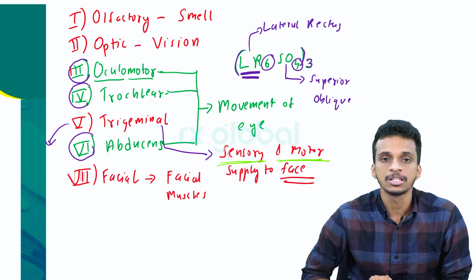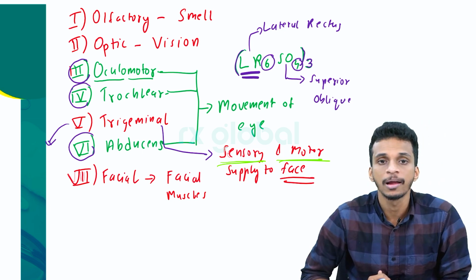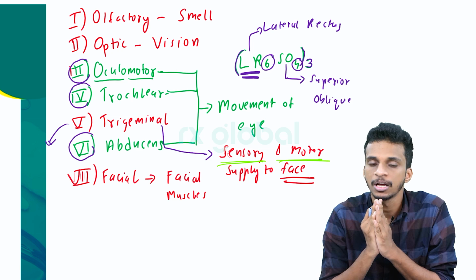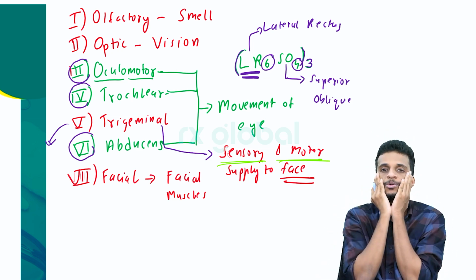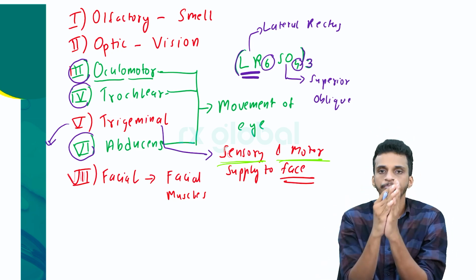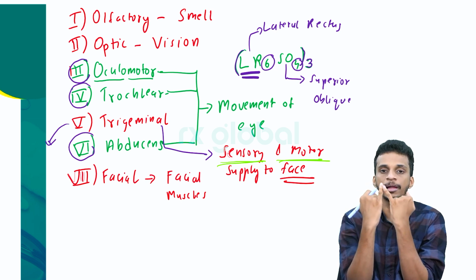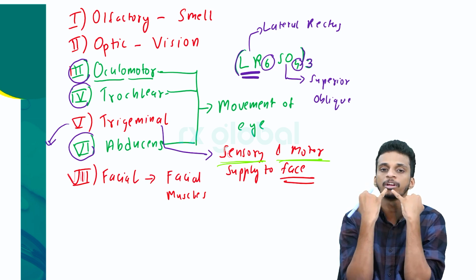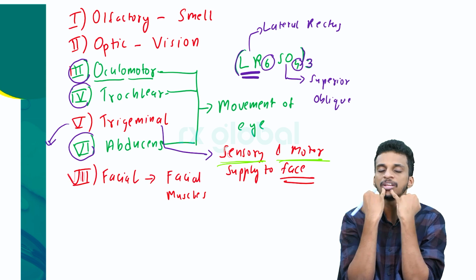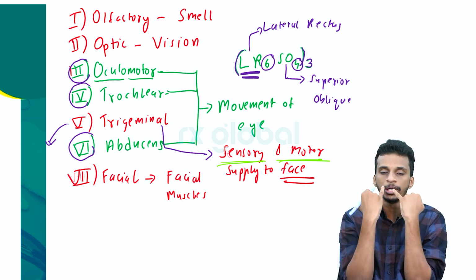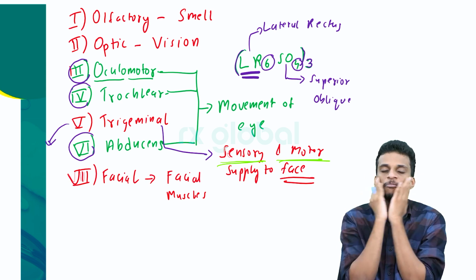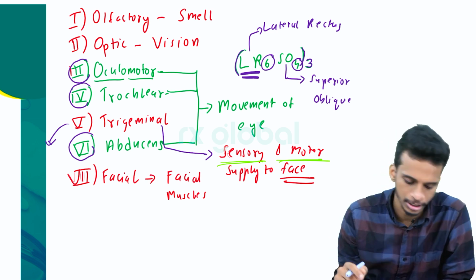So the movement of my face is actually controlled by two nerves. Trigeminal helps with the muscles of mastication, that means chewing, and the facial nerve helps with facial movements: closing my eye, closing my mouth, smiling.